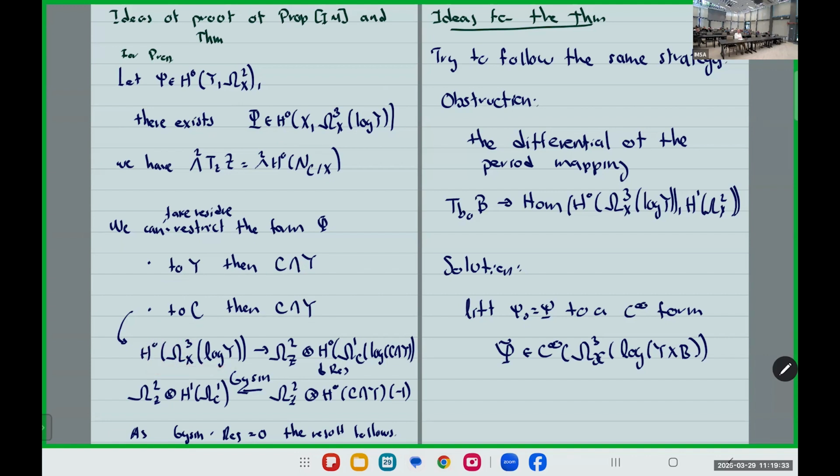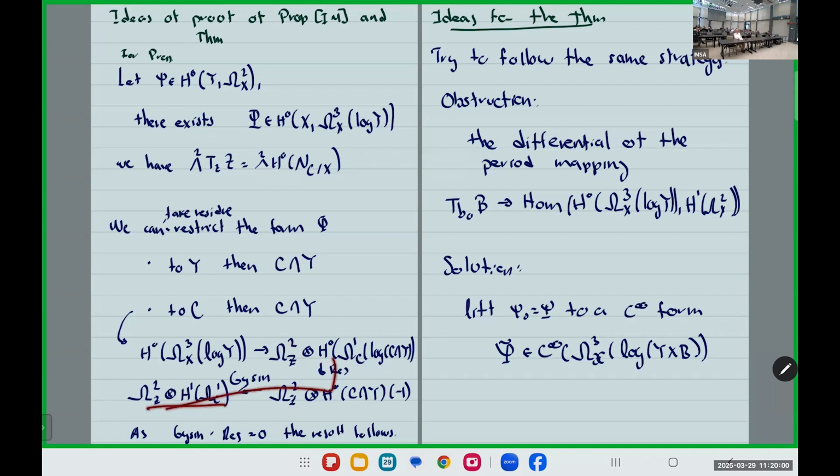Now if you restrict to the curve, of course you can only have one form on the curve, and the other part of the 3 form is going to go to the normal bundle. And I'm writing here the normal bundle, so this omega 2 is just the dual of this. And now we take residues on the curve, and then we take the Gysin map here.